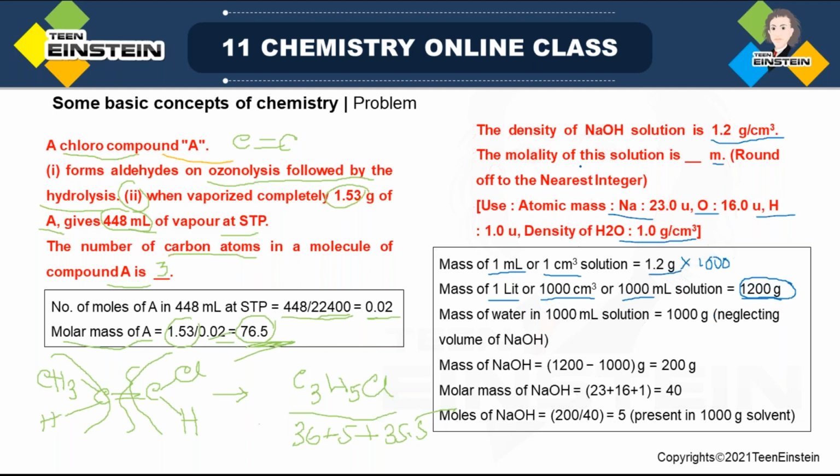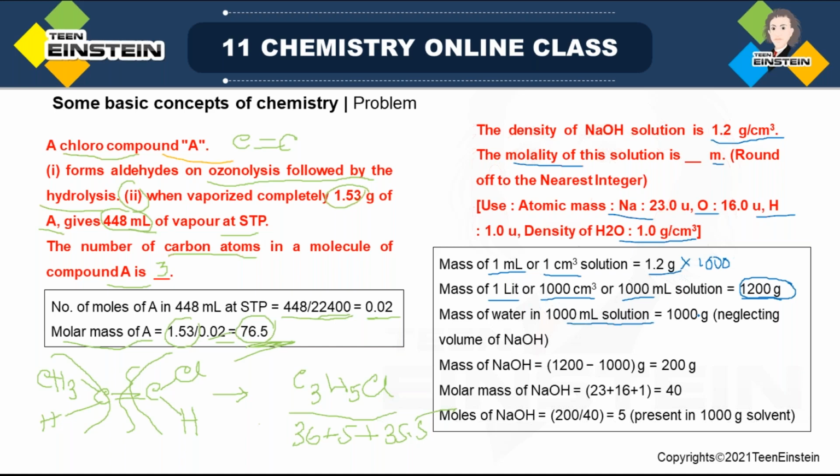But as we have to find molality, we need the mass of solvent. So the mass of water, which is the solvent, in 1000 ml solution. Now, when we are considering the solution, there is a presence of both NaOH as well as water. But actually see, here the amount of NaOH compared to water is very, very less.